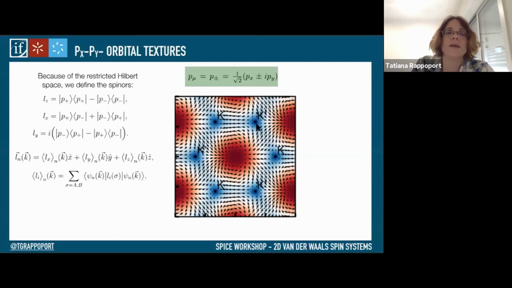So the in-plane textures close to K and K prime, they look very much like vortices, anti-vortices actually, and close to the gamma point, it's like a double vortex. When we break sublattice symmetry, the out-of-plane contribution changes a lot, but the in-plane is more or less the same.